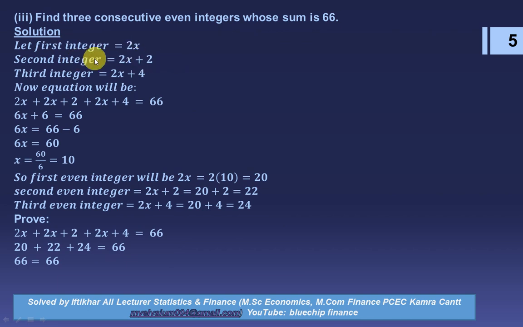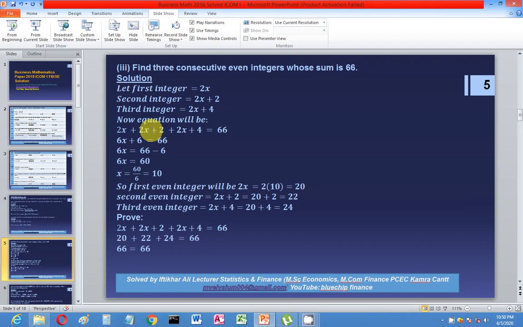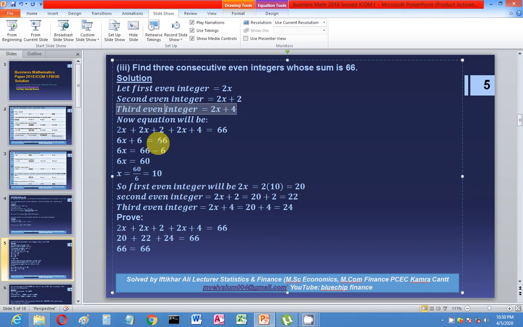Second integer होगा 2x plus 2. और third even integer जो है वो कहलाएगा 2x plus 4. यहाँ पे एक बात को करेक्ट कर लें हम कि ये इवन इंटीजर है. सेकंड इवन इंटीजर और थर्ड इवन इंटीजर.